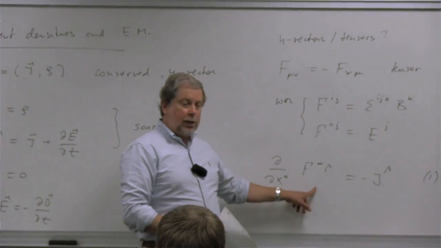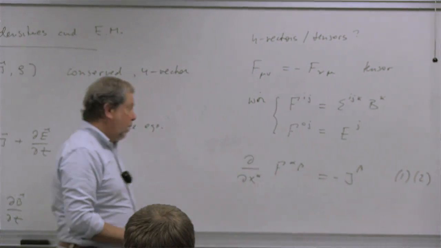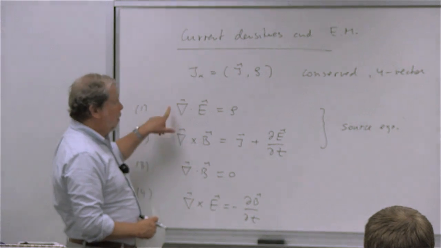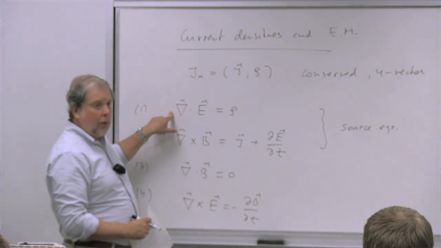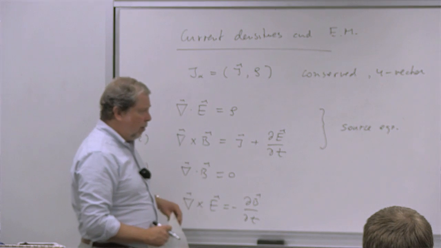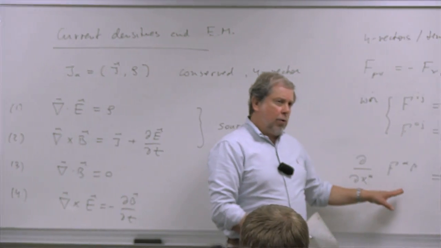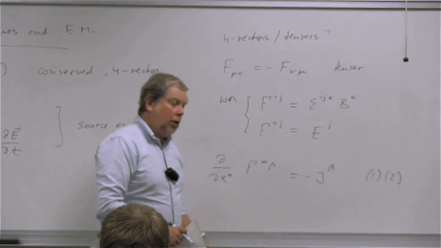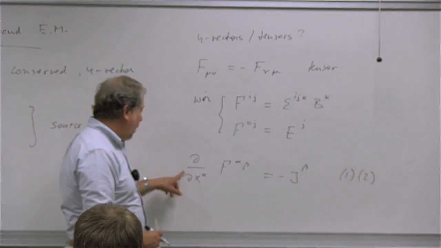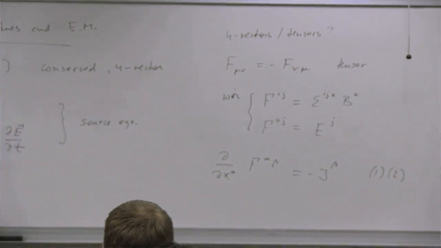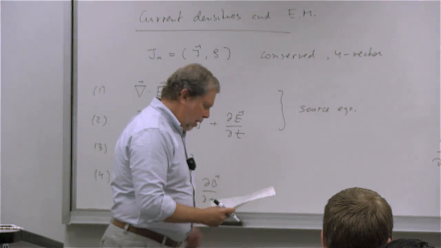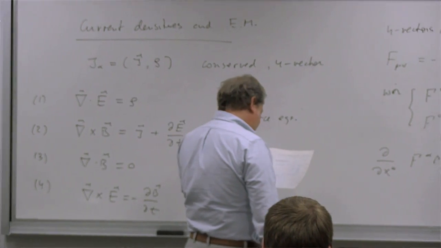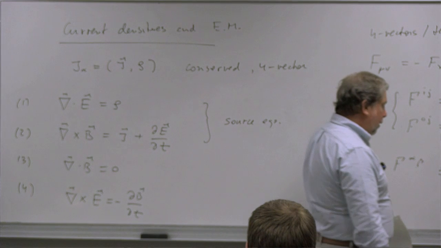In other words, you take for this F these various components, and you can see that you can either reproduce this equation when you have the i and j components, or you reproduce this one when we have the 0 and j components. So that equation of course looks rather nice, because it involves on this side a 4-vector, and it involves the d by dx^alpha, which we know is also a naturally covariant 4-vector as well.